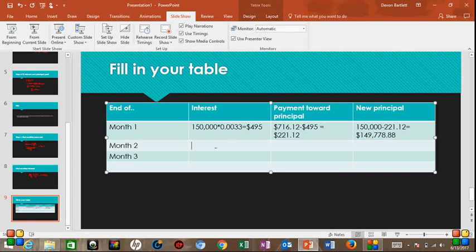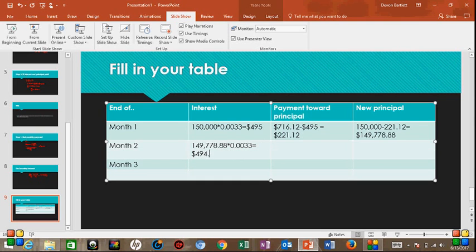So for month 2, then you would use your $149,778.88, and then you would times that by the 0.0033, and you would get a value of $494.27. So we're knocking off a little bit here.